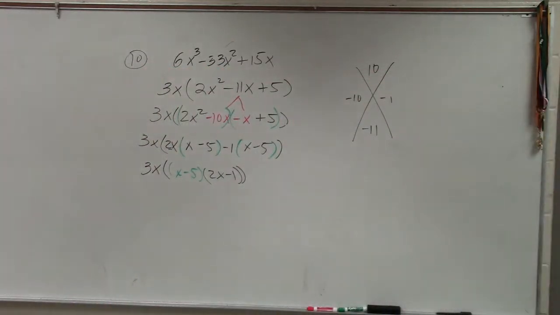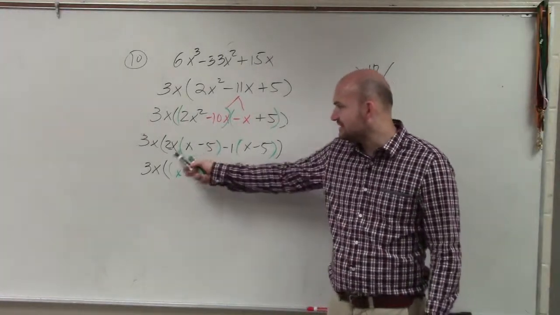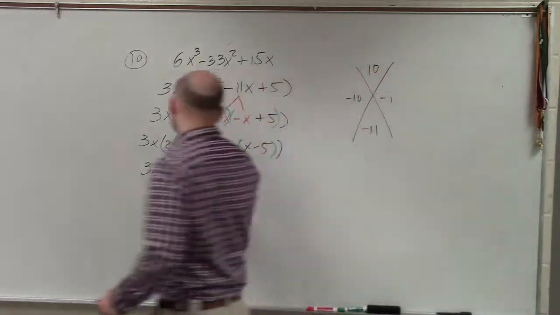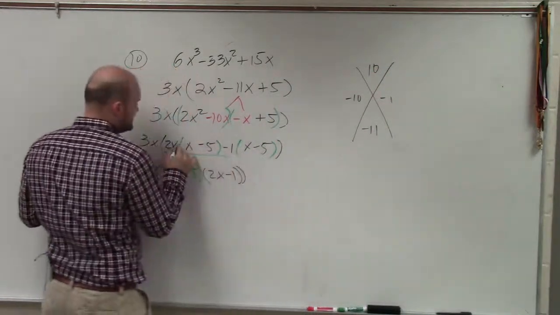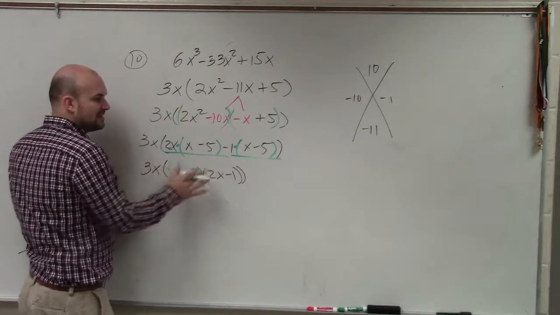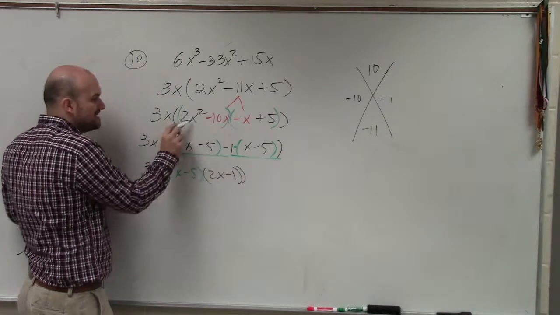Yeah. I understand how you got to that. What about the very last step there? Basically, these two are separated by multiplication, and they both share the parentheses x minus 5. So how can you take out a 2x?